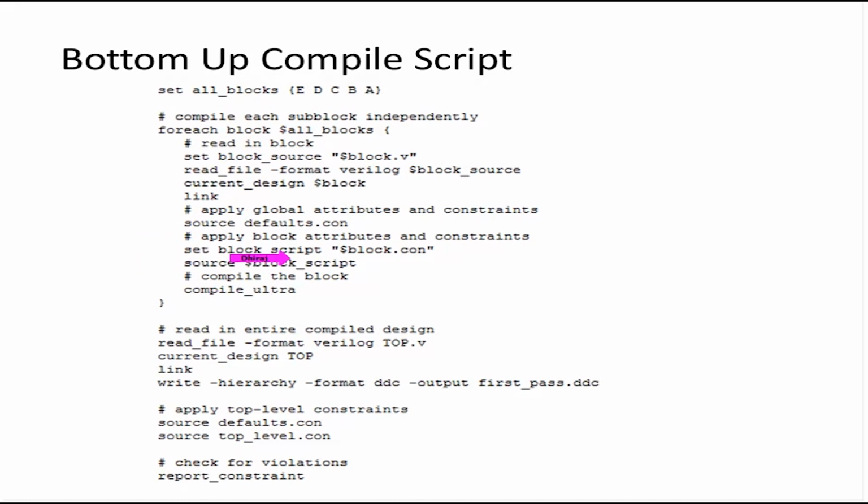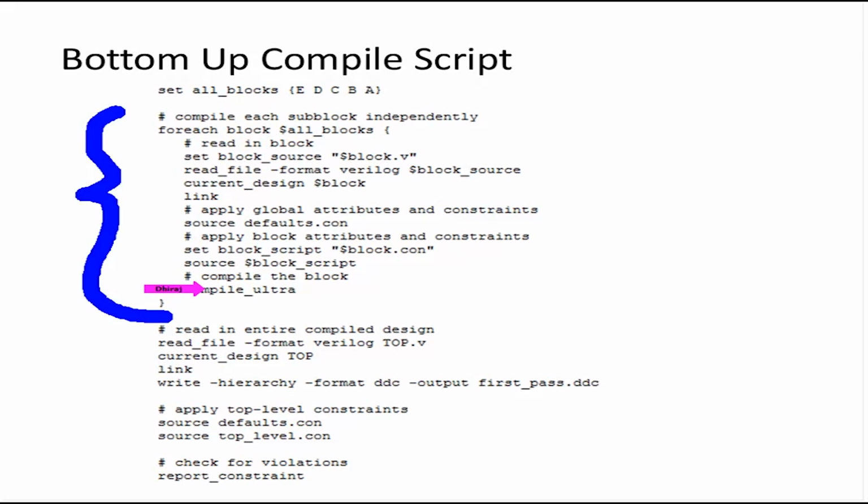There can be separate block level constraints which you can form for subdesigns. You could read them here. So we read the default constraints and we read the subdesign specific constraints you might have here, and then we do a compile. So this complete construct here is doing the first iteration.